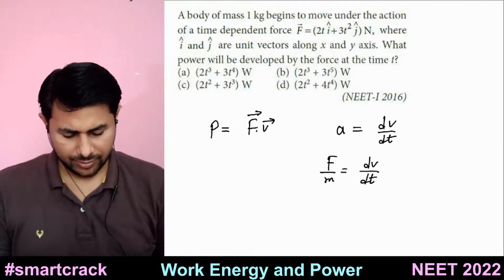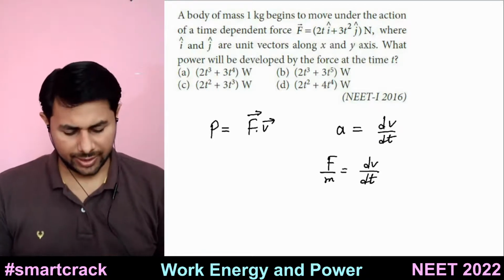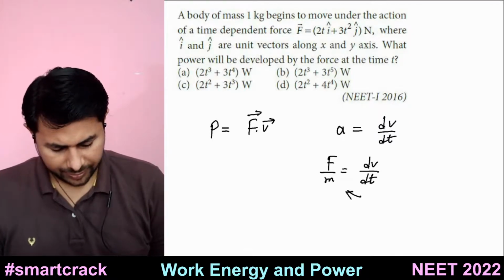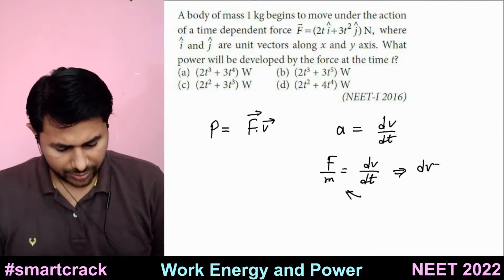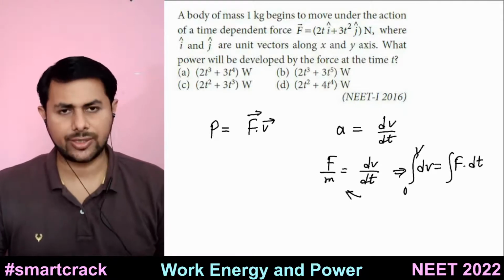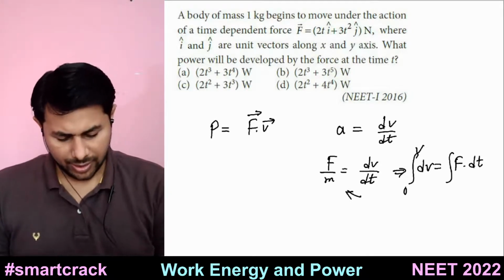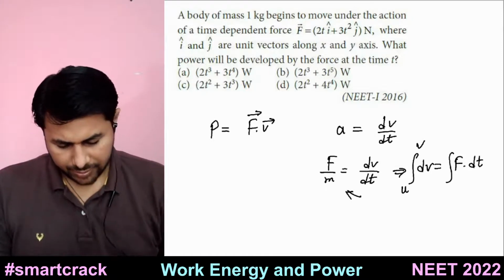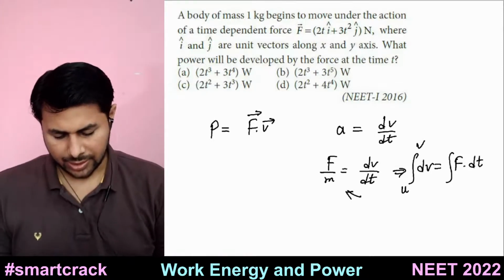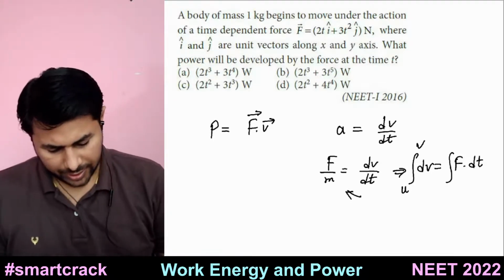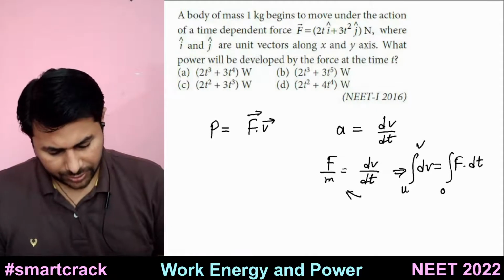So F is equal to dv by dt. We can take dt on the other side, so we get dv equals F dt, and if we integrate this from 0 to v, because the initial speed is 0, whatever the initial speed u to v you can say, and because the body begins to move under this force, the initial speed is 0, and on the right hand side we'll have 0 to t.